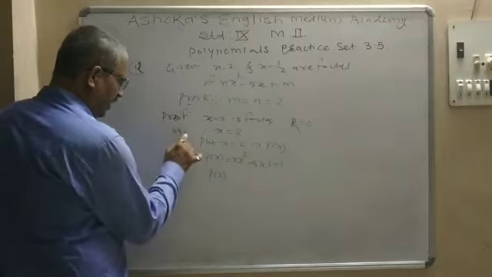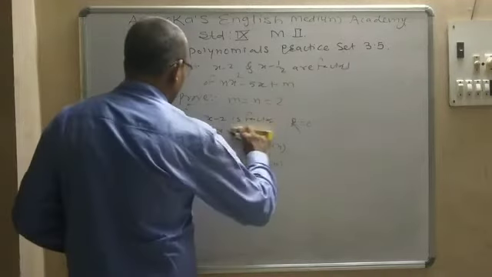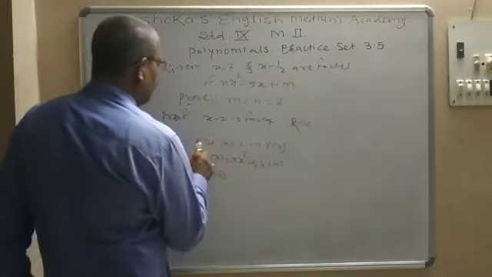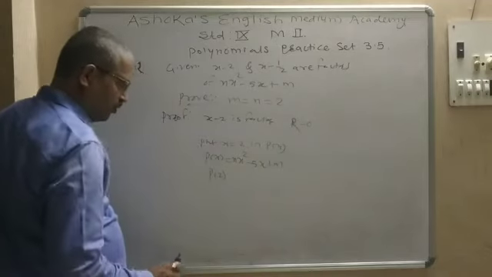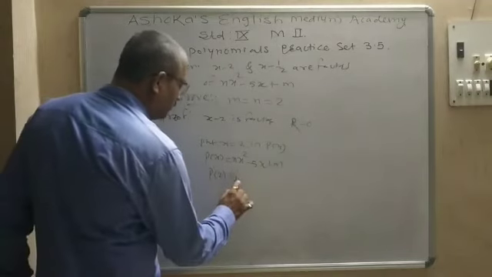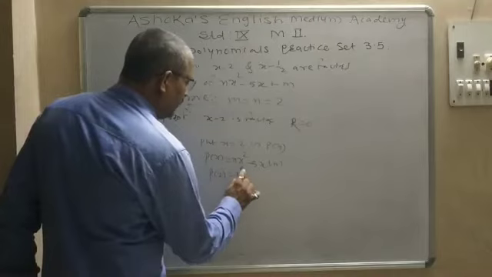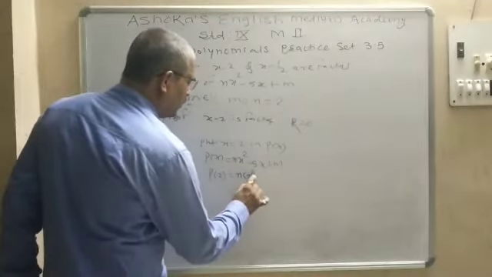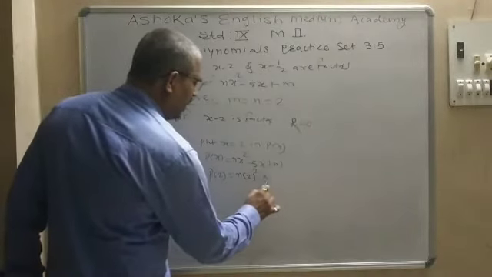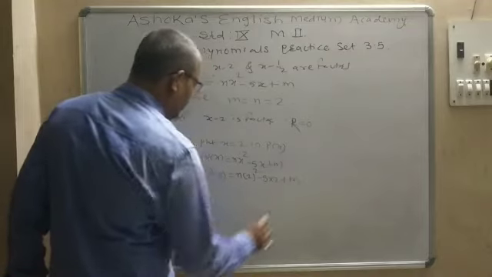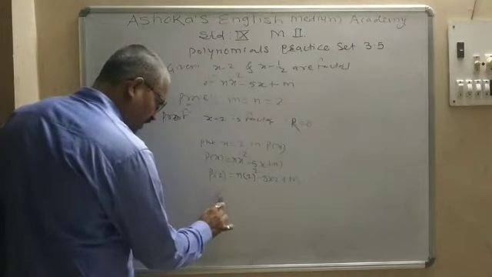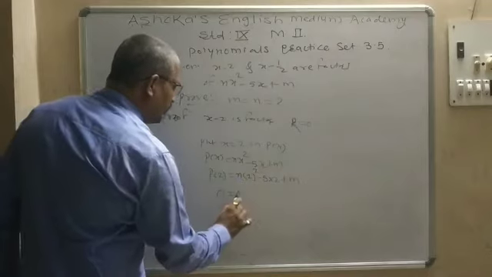Therefore, by putting, directly we will write: put x is equal to 2 in p(x). So p(2), here n, wherever x is there, 2 raised to 2, minus 5 into 2 plus m. Then p(2) is 0, because remainder is equal to 0.